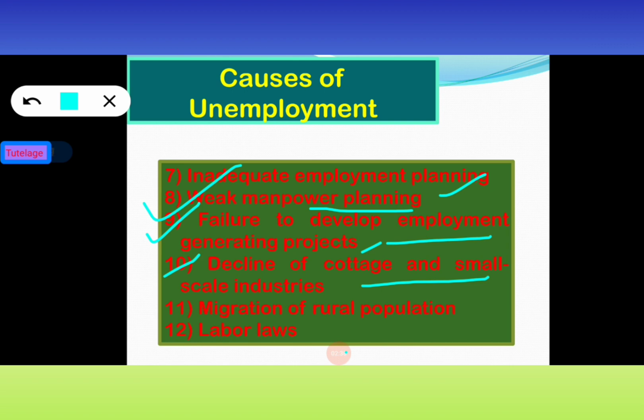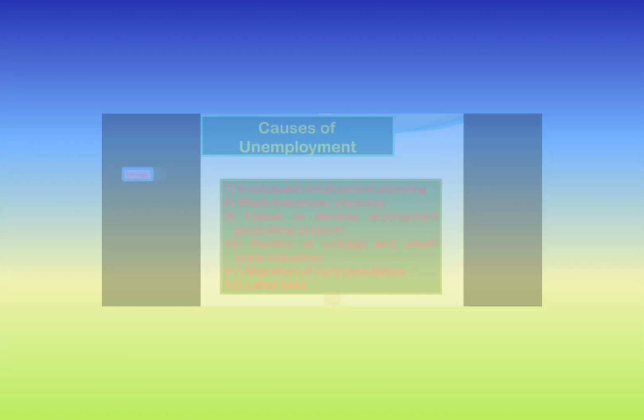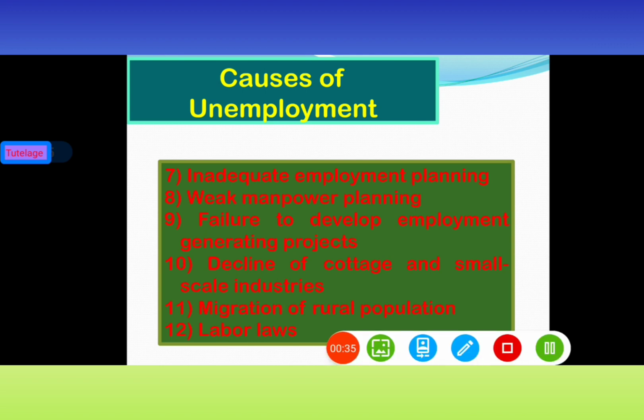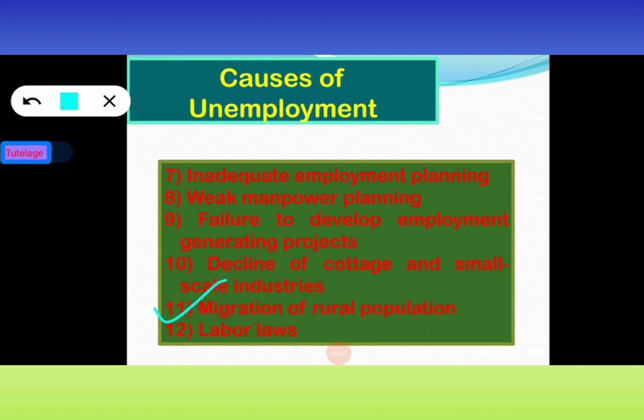And now going to the next. So learner, our next point, that is migration of rural population. We have already told that a large number of people have left their traditional jobs, and that's why the number of rural unemployment is increasing in a developing country like India.